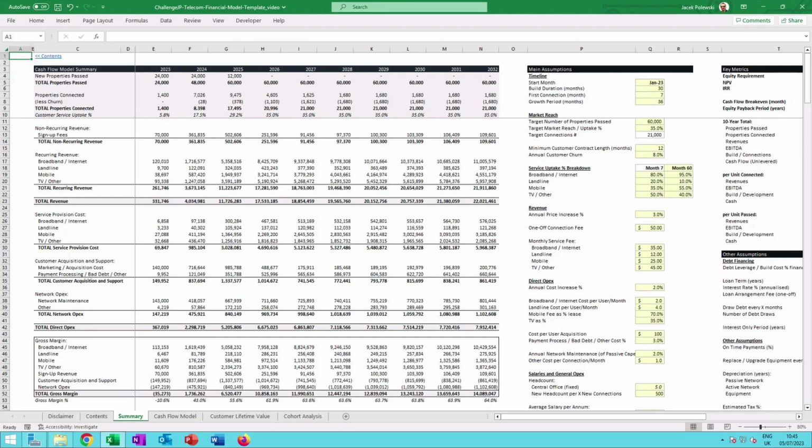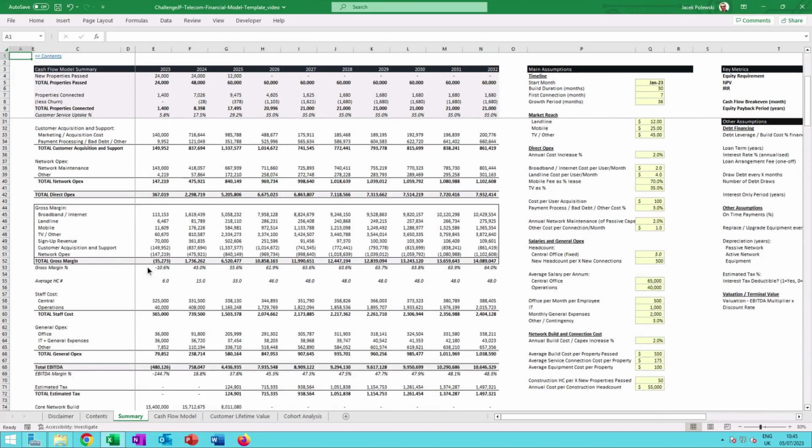The way I structure this financial model is by dividing it into the section where you see the main drivers of revenues, and then direct costs.